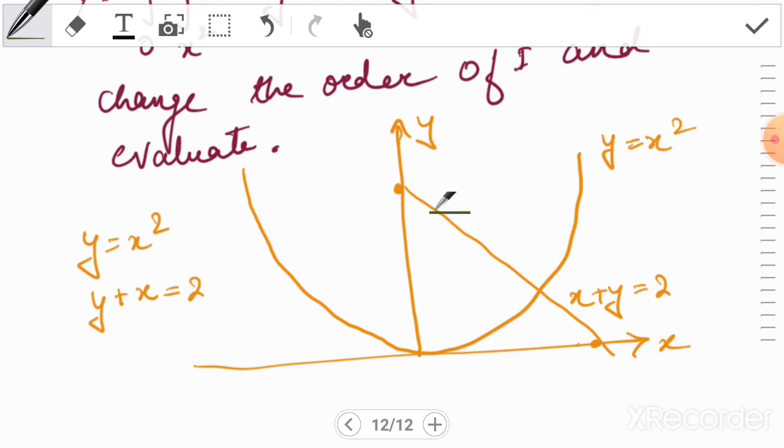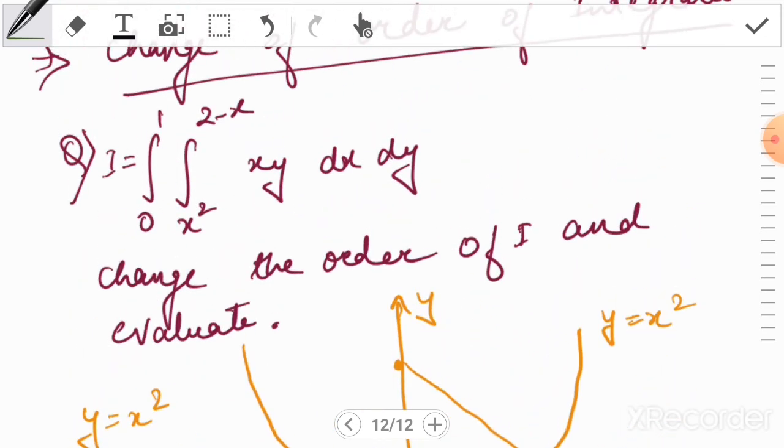Now we have a vertical strip. See, this extends from the point on the parabola y is equal to x square to the point on the line y is equal to 2 minus x.